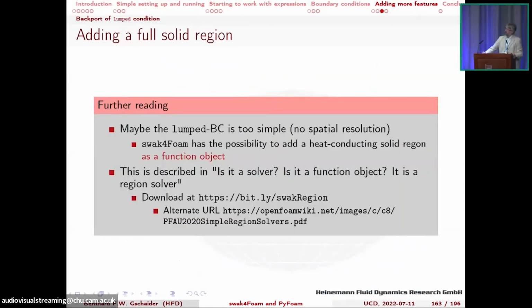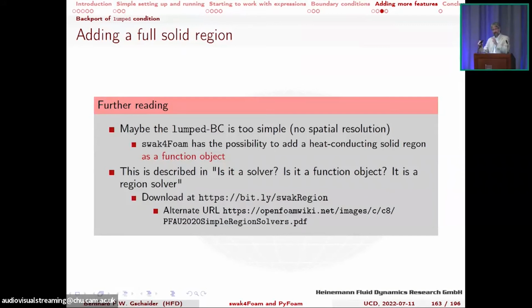And another way to add a solid region instead of lumped is a rather new thing that I call simple solvers. That's basically function objects. For instance, there's a function object that does the complete heat transfer. So you can add conjugate heat transfer to any other solver just by using this function object.